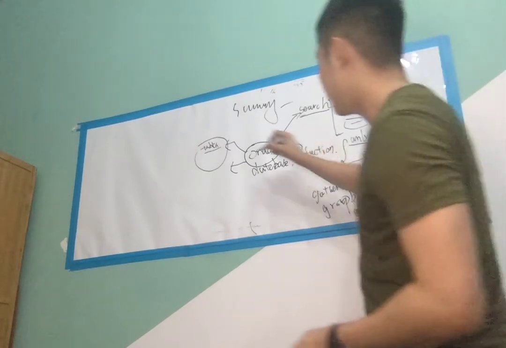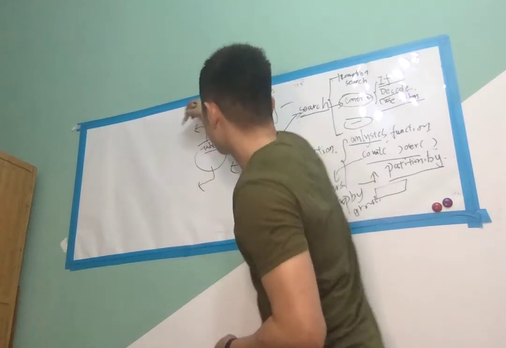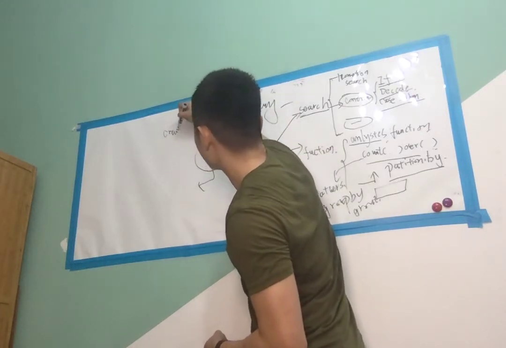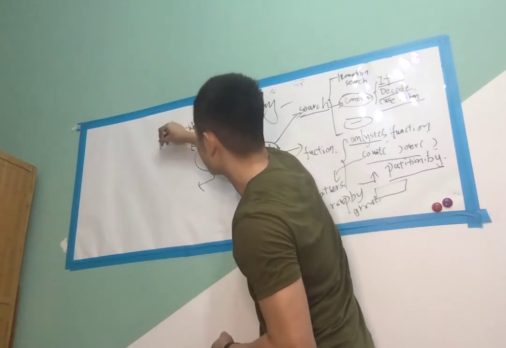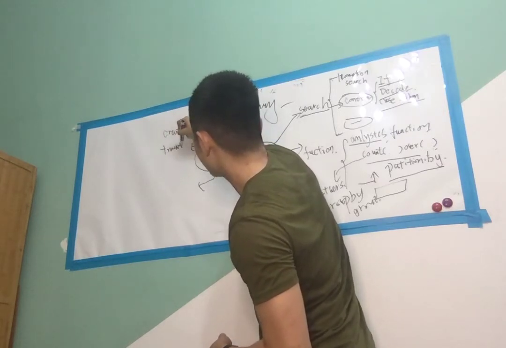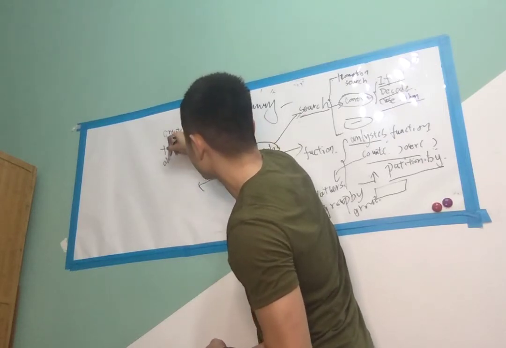And for the table part, I've learned create table, and another part is delete table, which is truncate table, and delete table is drop table.